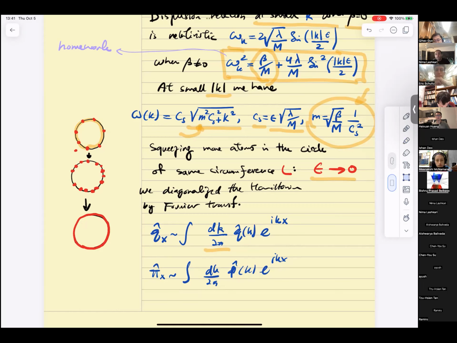So there are UV divergences and IR divergences. The UV divergence is a feature of any continuum field theory. IR divergence is just a statement about whether your space is infinite or not. Okay, so that is why I'm writing these integrals over k as continuous. Good?